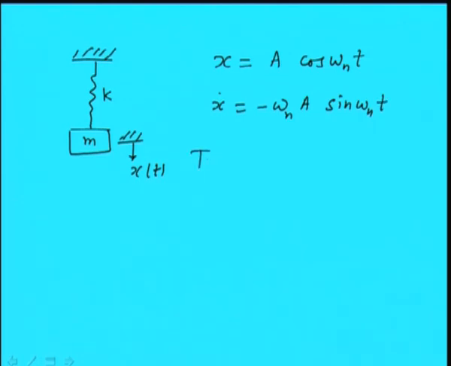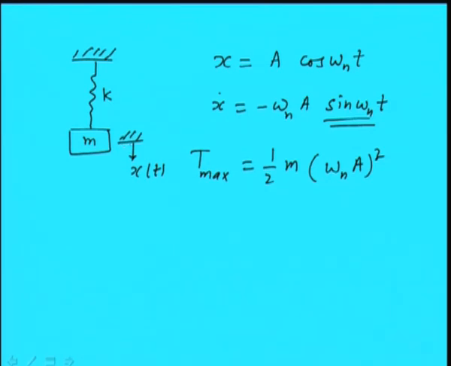So, the maximum kinetic energy of the system can be obtained as half the mass into the maximum velocity squared. Maximum velocity will be when this quantity is unity. So, we can write this as this. This is the maximum kinetic energy of the system.